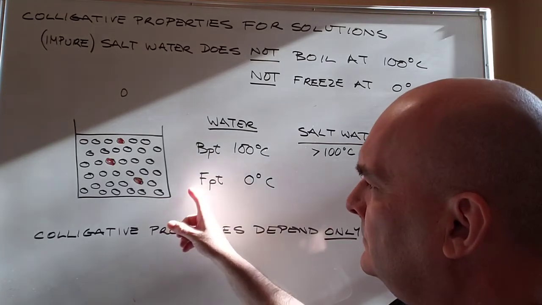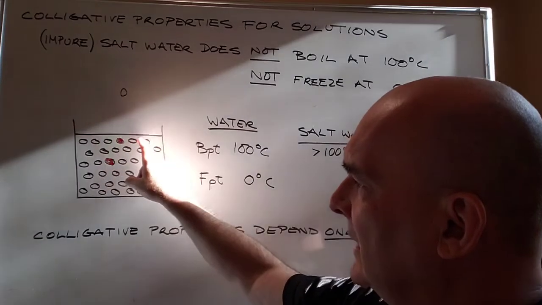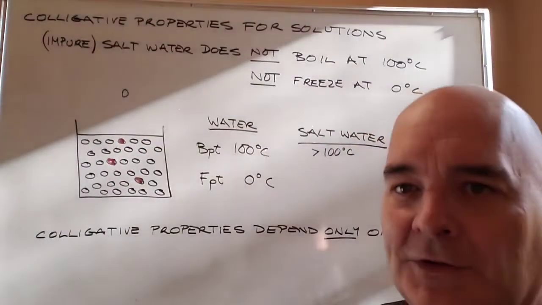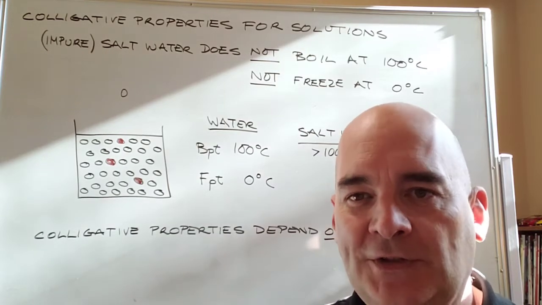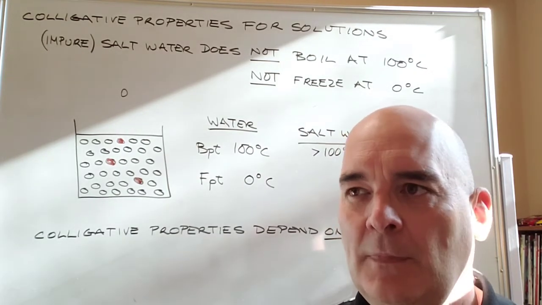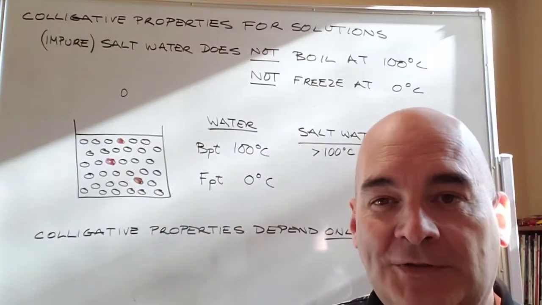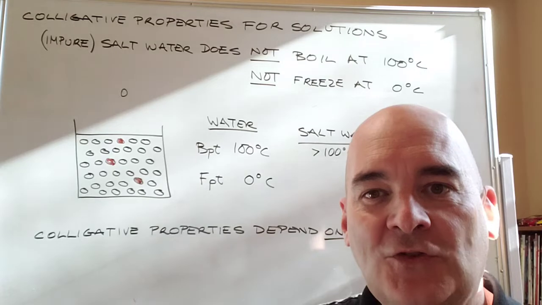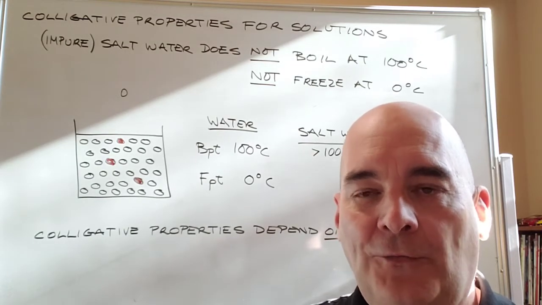And the process of freezing involves these liquid particles sticking together and making a three-dimensional matrix of solid. And look what the red dots are doing. They're obstacles, again, stopping the liquids from getting together and freezing.